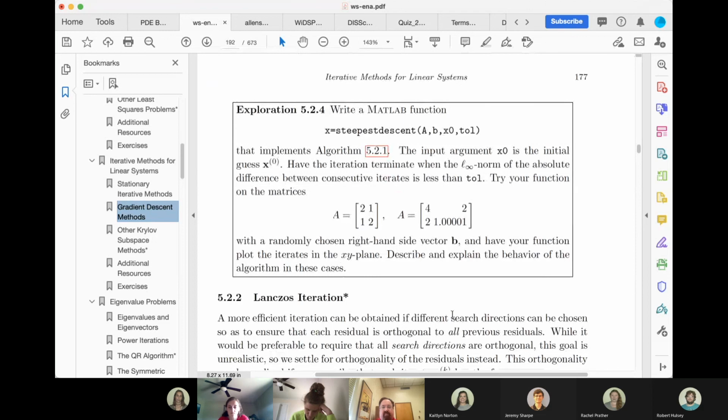Do you have any recommendations on how to choose the tolerance, the last input? Oh, a typical value that I choose for tolerance is like 10 to the minus 8.